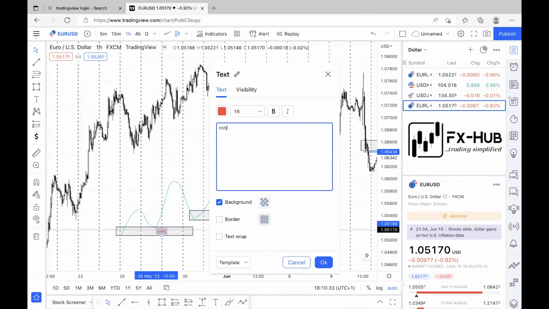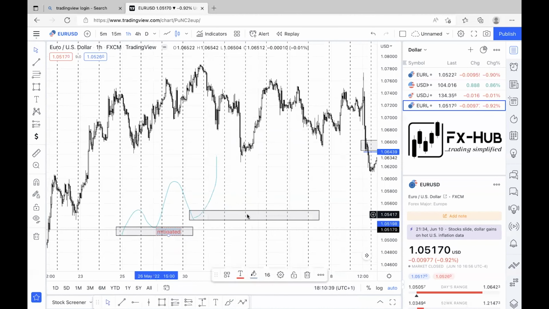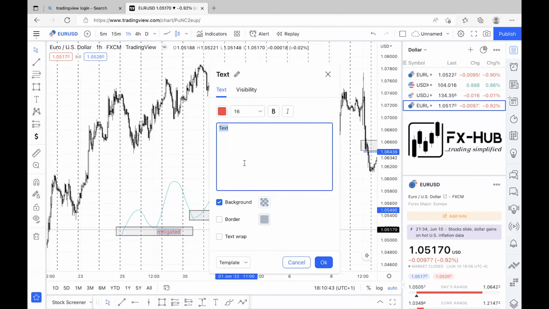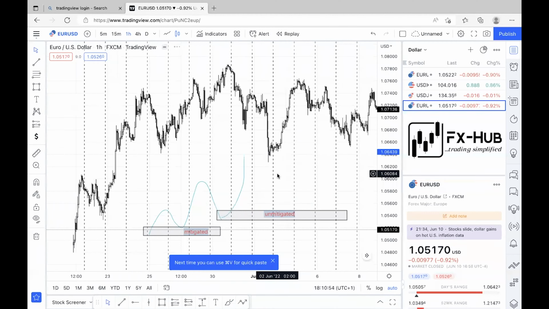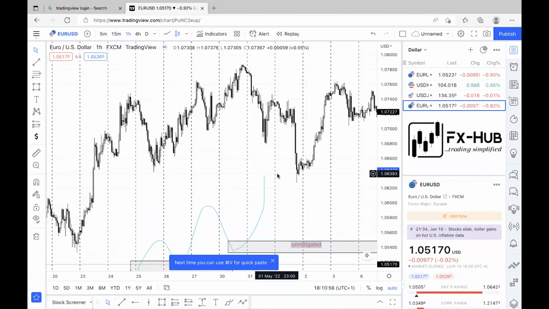This is already mitigated. Why? They've taken off the orders left there. And this one is unmitigated, meaning the market has not stepped into it to pick up the orders resting on this very zone.